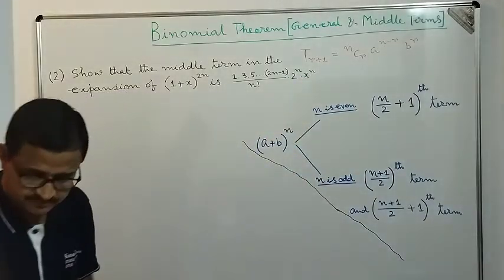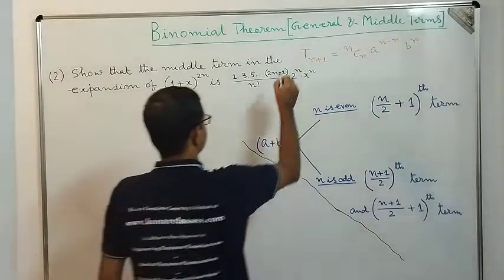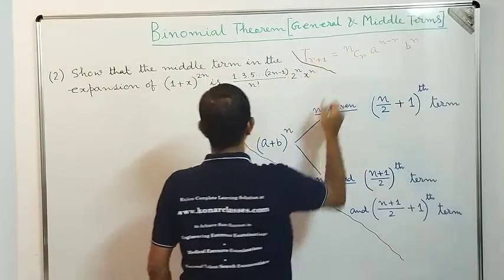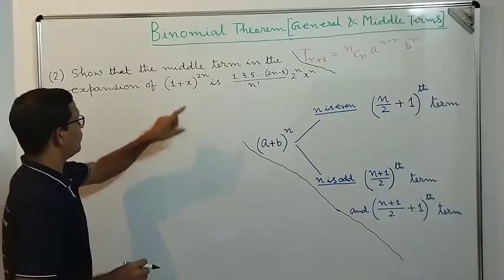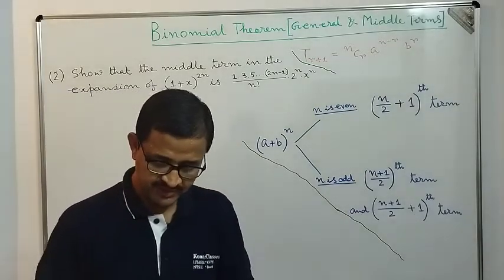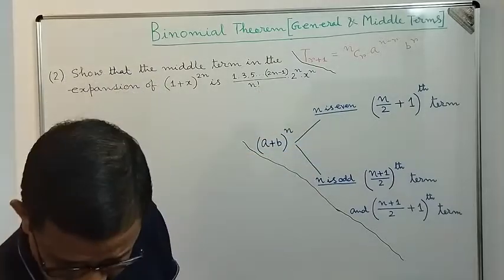Okay. So this is the question. The question here is that the middle term in the expansion of (1 + x)^(2n) is this expression, whatever you see.